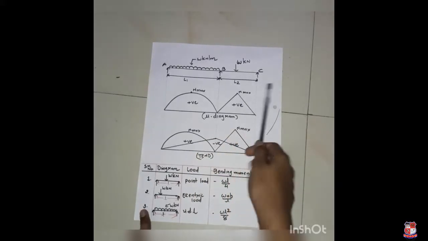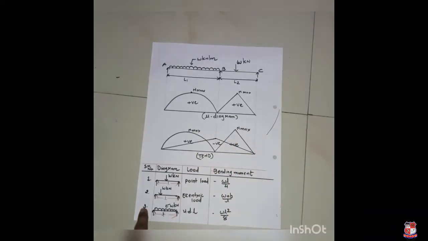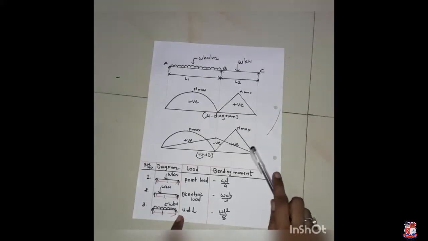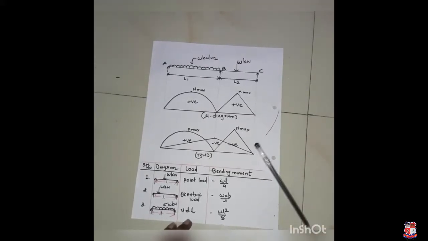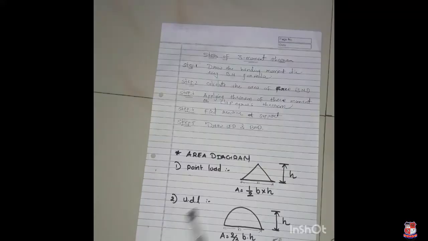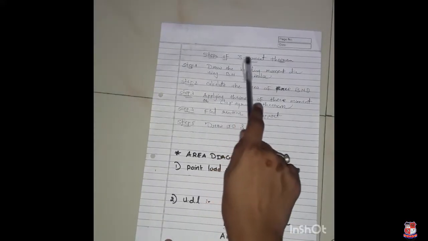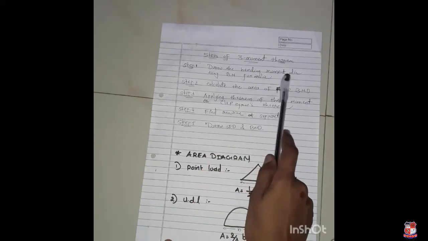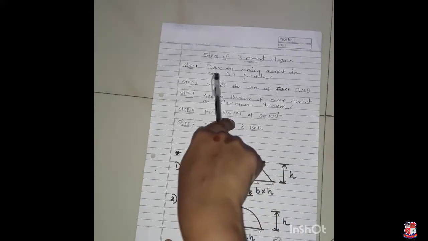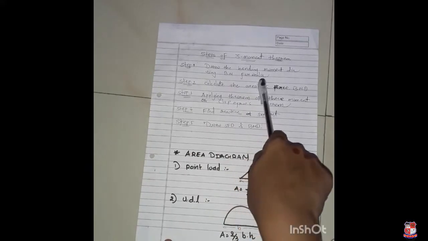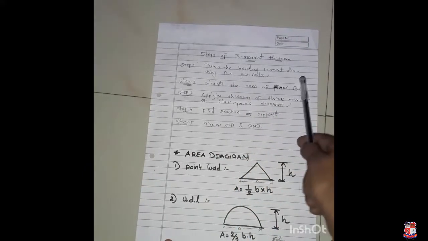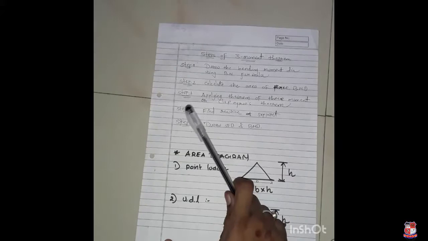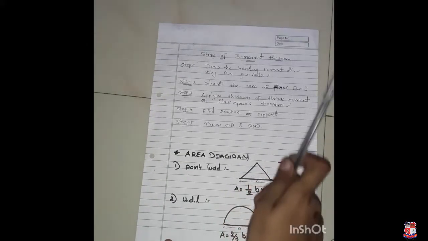Some steps of the continuous beam or Clapeyron theorem are, here, the steps of the three moment theorem. First, draw the bending moment diagram using the bending moment formula. The bending moment formulas for point load, UDL and eccentric load are different.